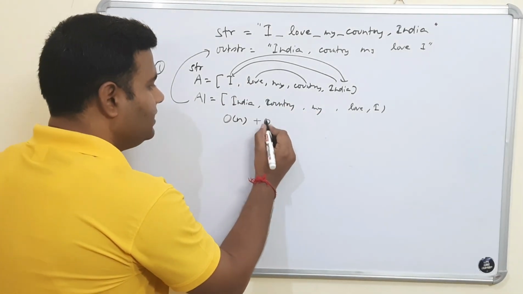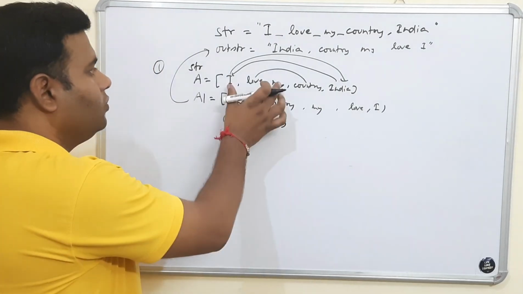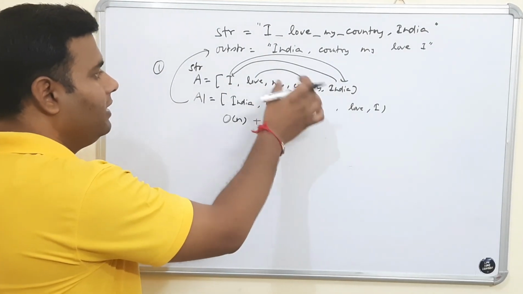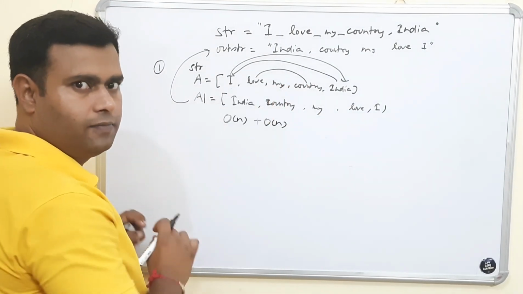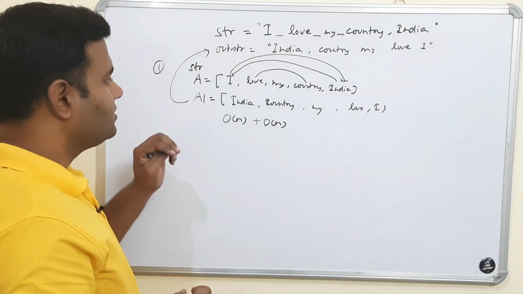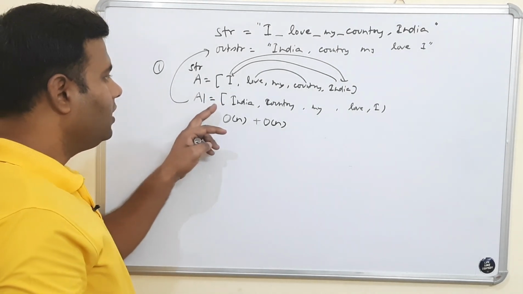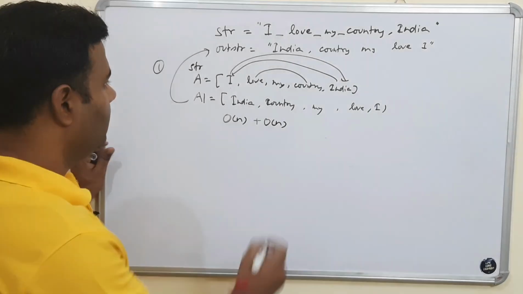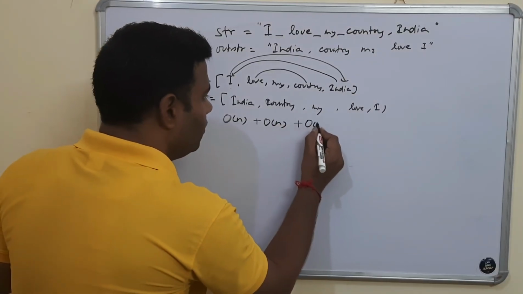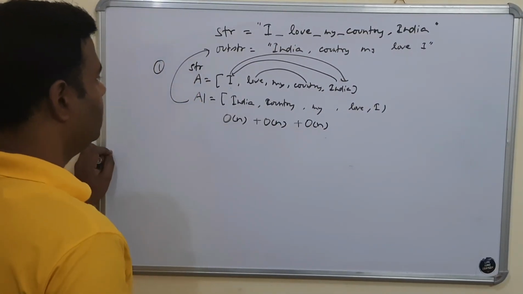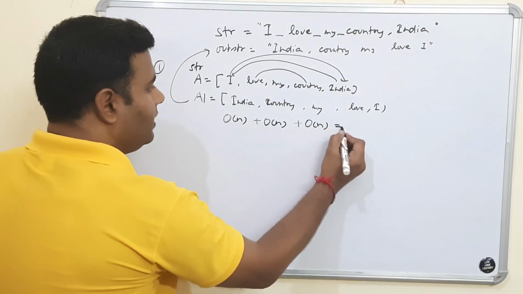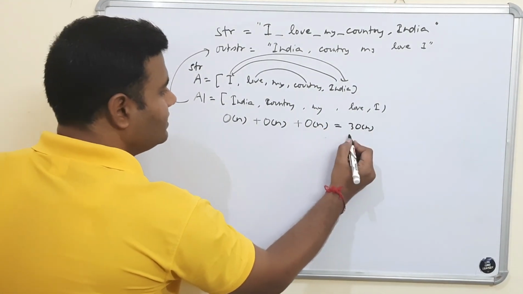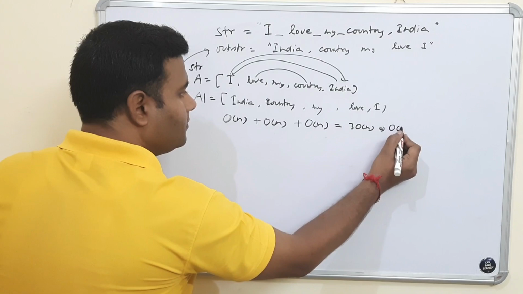So what is the complexity in this case? O of n again, because you are iterating from first to last element till they meet one another. After this you are concatenating, so the complexity will be O of n again. So overall this will be 3 O of n, but we can say O of n, linear complexity.